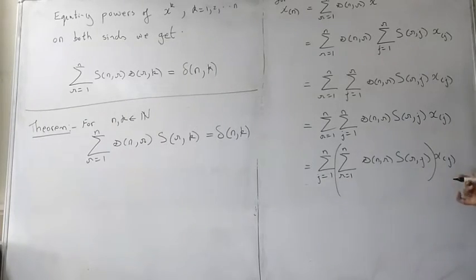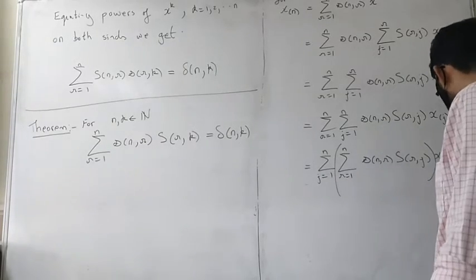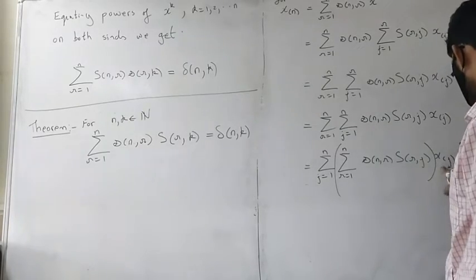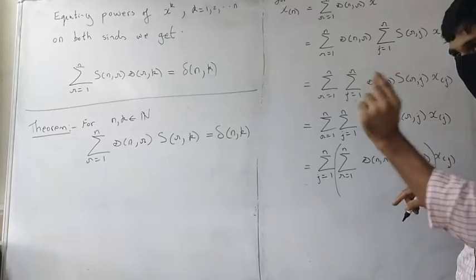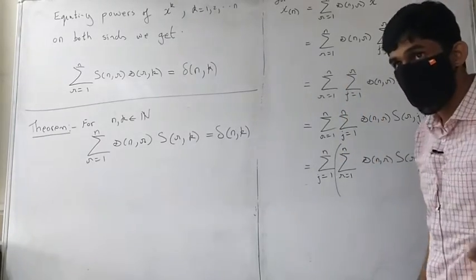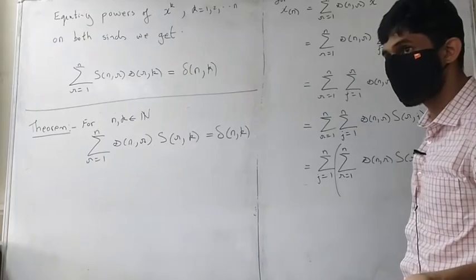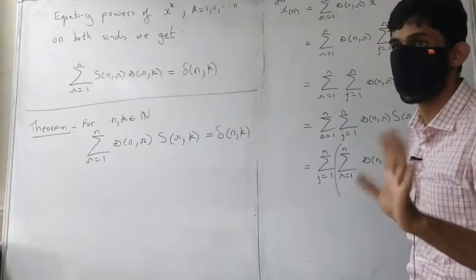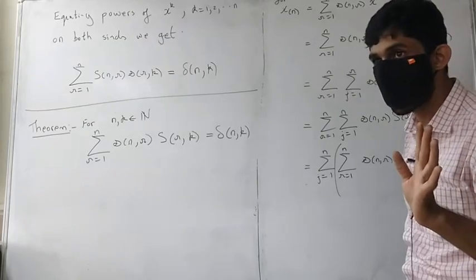Okay, and now what happens? This x, x^2, 1, x, x^2 forms a basis for the vector space of all polynomials of degree less than or equal to n. Correct?